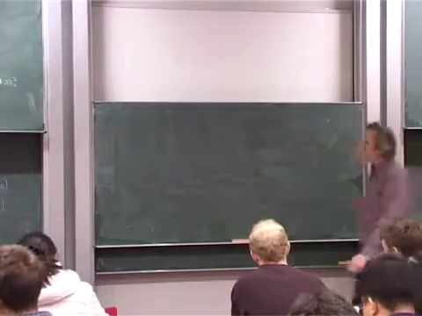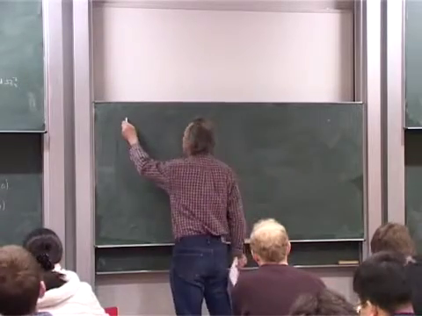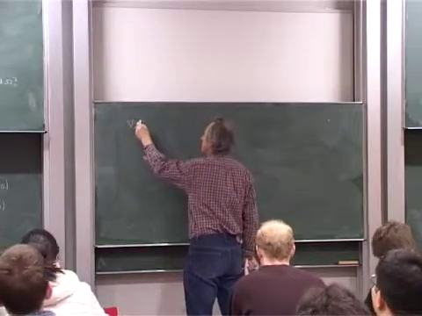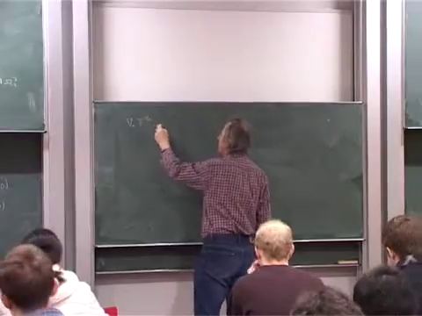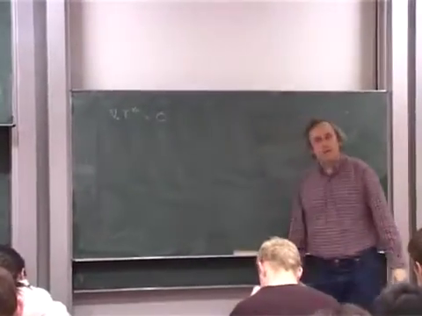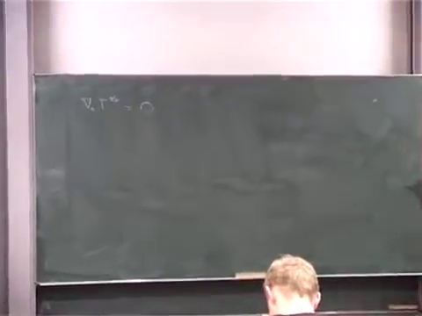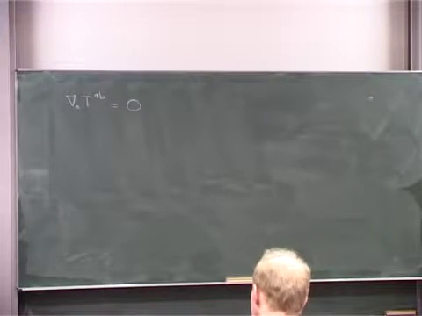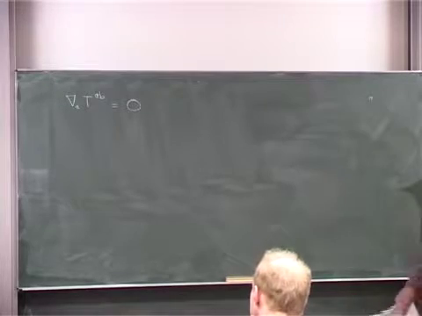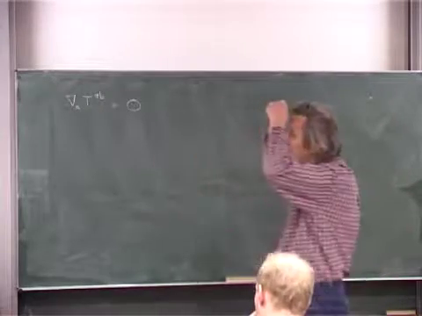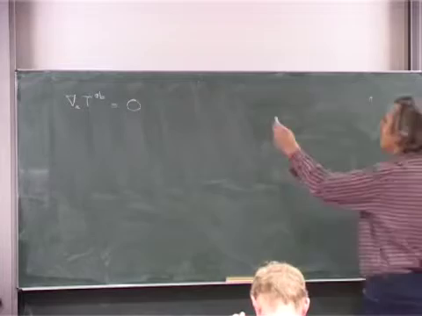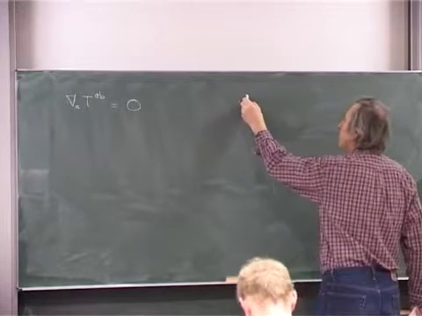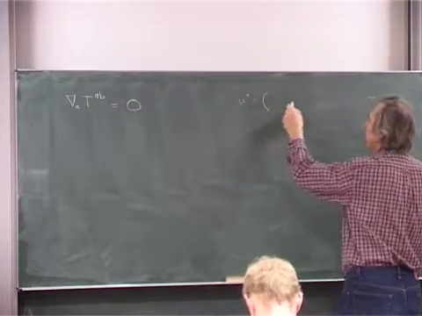Never mind. So, a step in solving the Einstein equations that makes life easy is to first of all look at the conservation of the energy momentum tensor. The only reason that I've done that is that the only component of u which is non-vanishing is the time component.